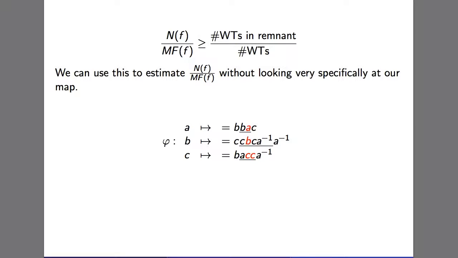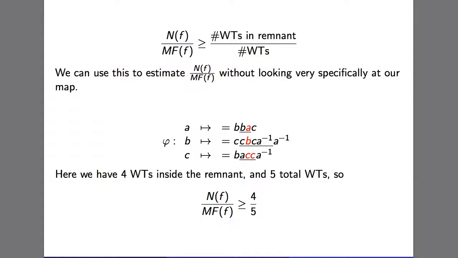So we have 4 Wagner tails inside the remnant and 5 total Wagner tails, this is including that extra one, the trivial one. And so you can say, even without looking very much at all here, the ratio is greater than 4/5: the Wagner tails inside the remnant divided by the total number. This is very rough. You don't have to pay attention very much to anything inside those words. All right?